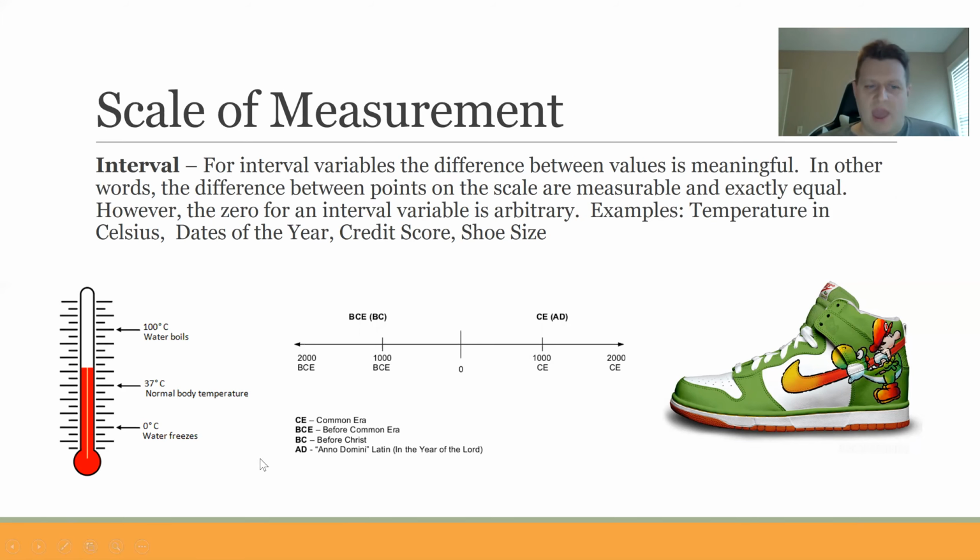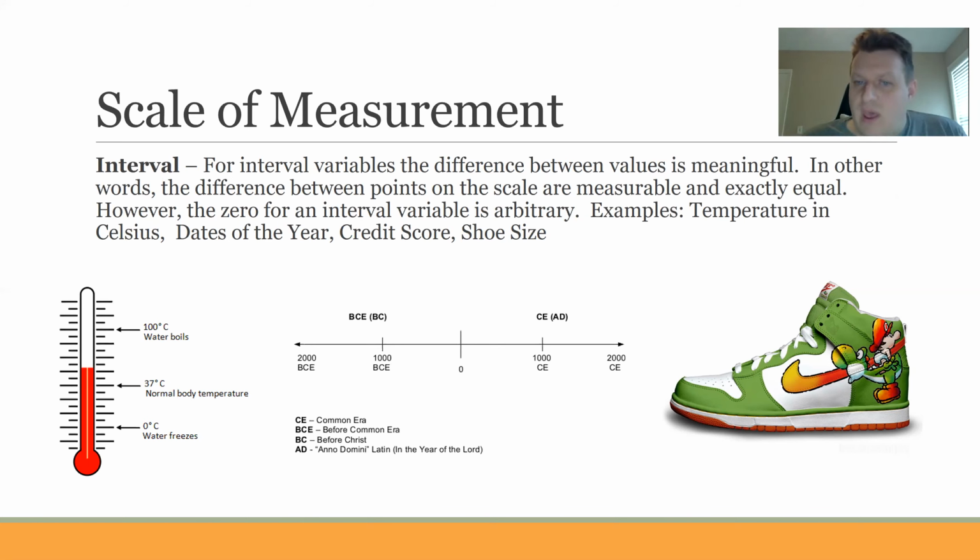The energy taken to move a liter of water from 0 degrees Celsius to 5 degrees Celsius is the same amount of energy that it takes to move it from 5 degrees Celsius to 10 degrees Celsius. That interval is consistent here for degrees Celsius. Interval scale of measurement, the intervals have to be consistent.